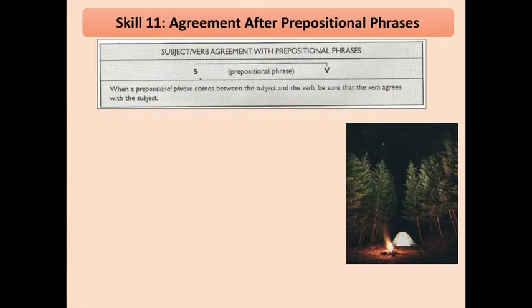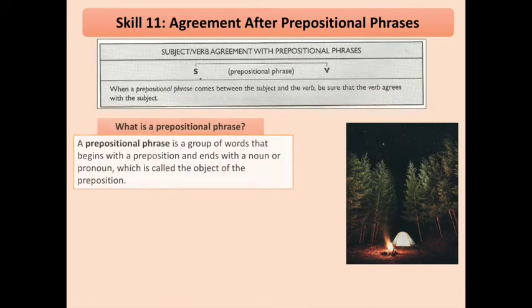Skill 11 is agreement after prepositional phrases. Sometimes a prepositional phrase can come between the subject and the verb. When that happens, you need to be sure that the verb agrees with the subject.